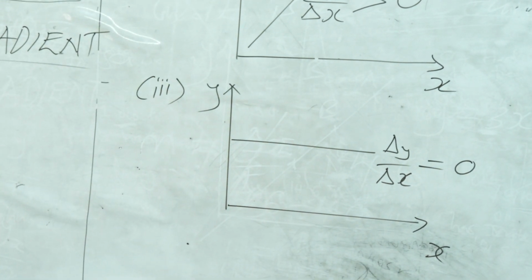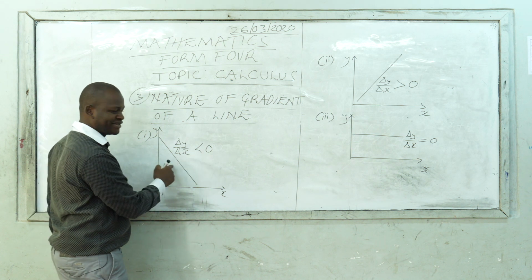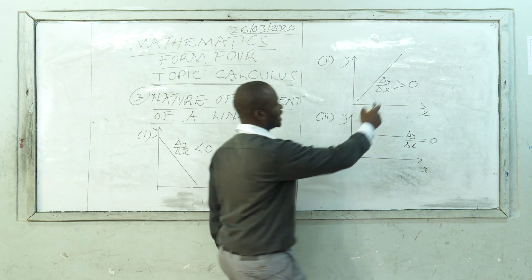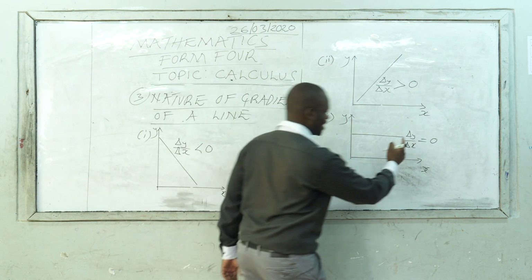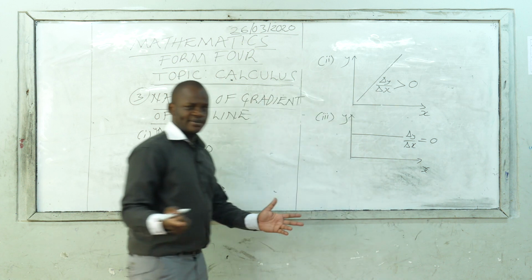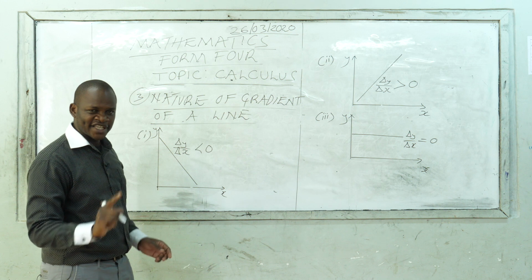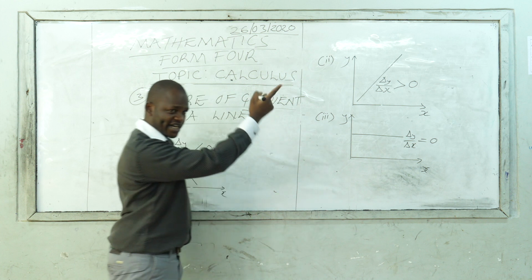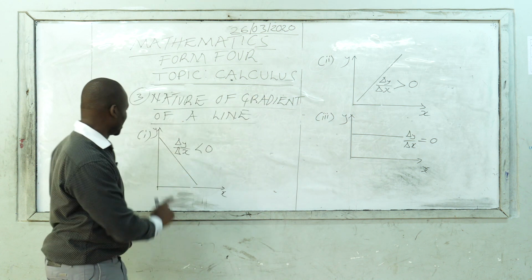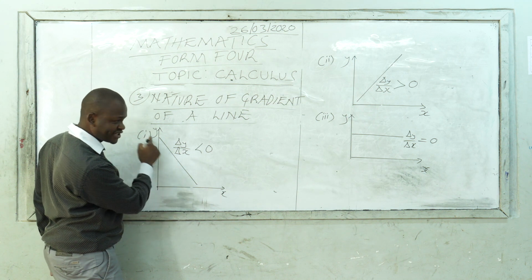I've been trying to give the nature of the gradient in reference to the value 0. Here we have less than 0, implying a negative value. Here, greater than 0, implying positive. Here we have equal to 0. The guys doing business studies, you can remember the demand curve and the supply curve. The supply curve has a positive relationship, always having that inclination. The demand curve has a negative relationship, having this inclination.